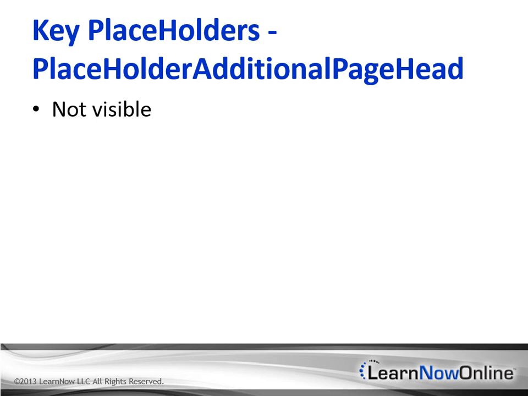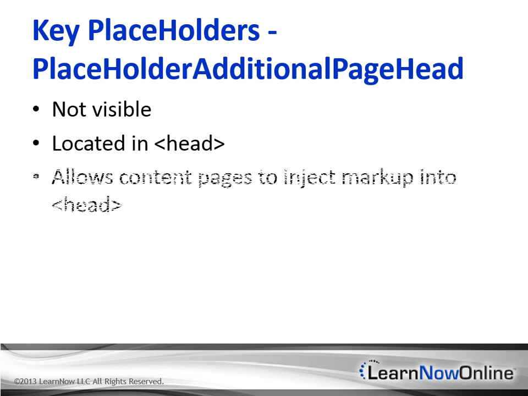One of the first placeholders is PlaceHolderAdditionalPageHead. This is a placeholder for the head HTML element on a page, and you can inject anything that you would normally put into the head. Most of the time it's going to be CSS or JavaScript files.